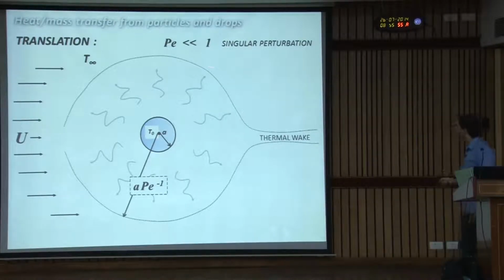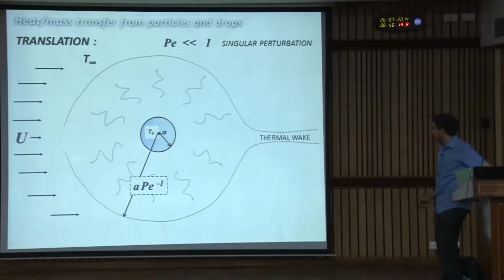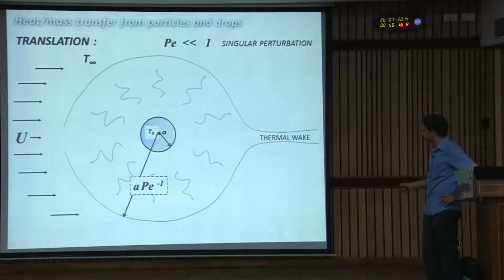So that's why I've drawn this dashed contour, because beyond that, on those length scales, convection has become comparable to conduction. So there is a near field where conduction remains important, and the temperature does behave like 1 by r at leading order, but it looks very different at large distances. Okay? And how large a distance am I talking about? It's really a Peclet inverse.